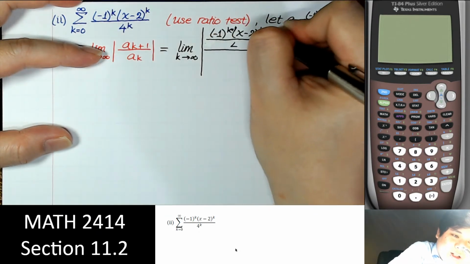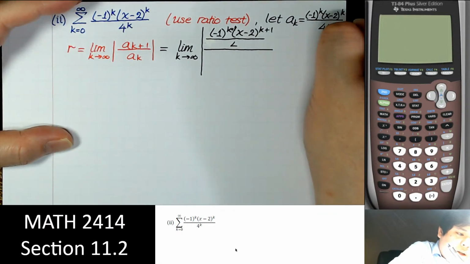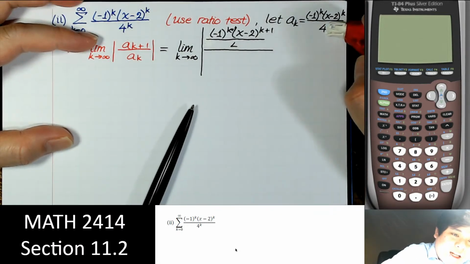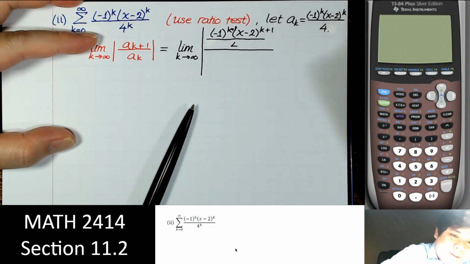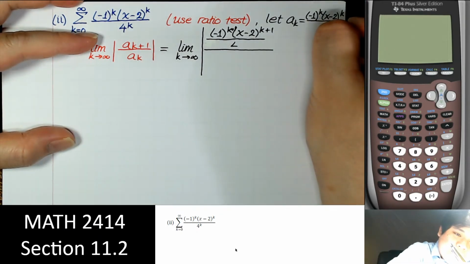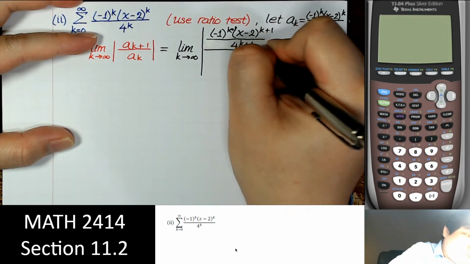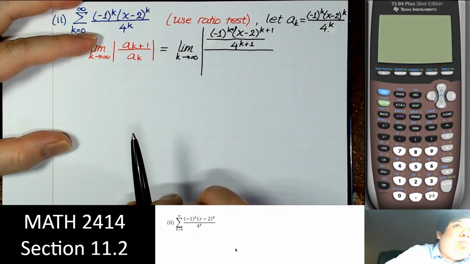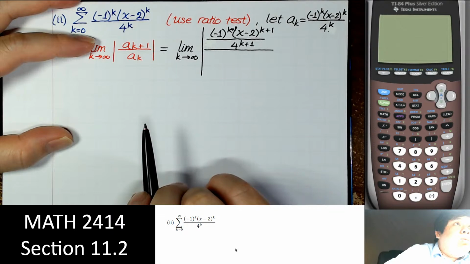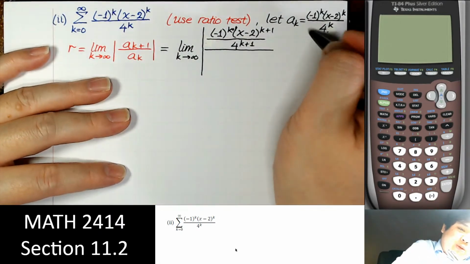Sorry, plus 1. Sorry, should be that. K plus 1, K plus 1, K plus 1. No factorial here, alright. Now then we just have that.